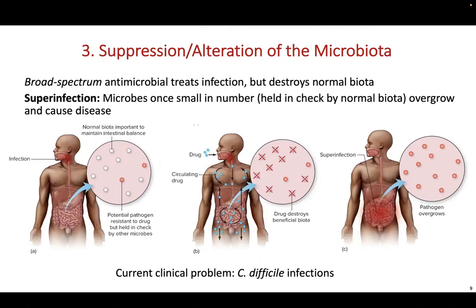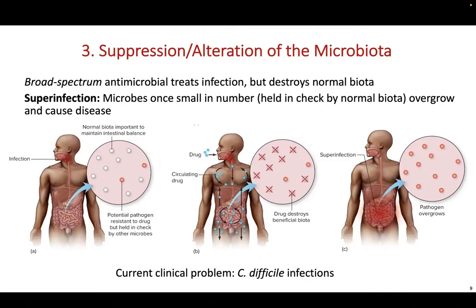So imagine that you are sick, you're taking an antibiotic to get rid of some of the infecting pathogens or microbes in your gut, and then the drug ends up killing your healthy microbiome as well. What results is what we call superinfection. Basically, the pathogen itself ends up surviving, and your gut microbiome dies.